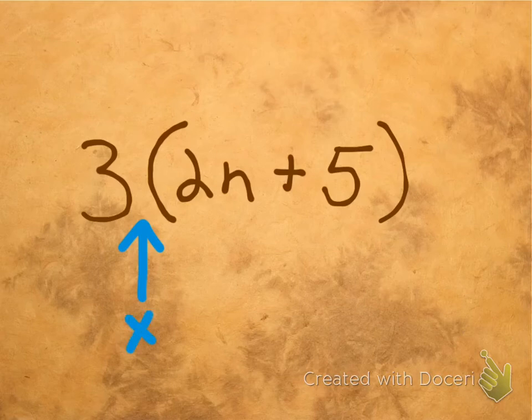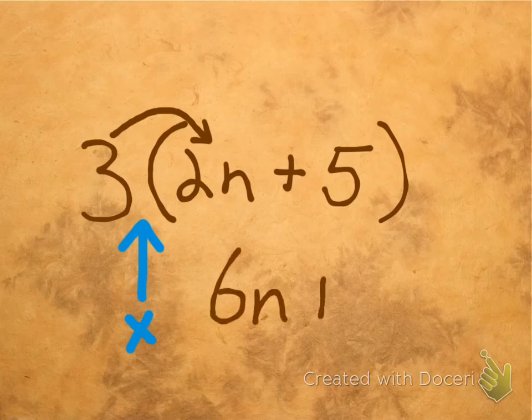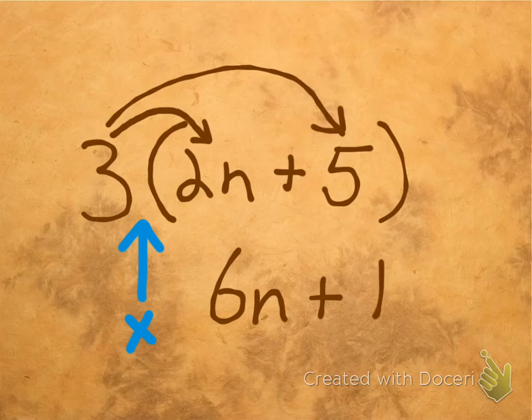The fact that it's right next to it with no sign means multiplication. So, the way you're going to get rid of this parentheses is by distributing this 3. You're still going to multiply, but you're going to multiply first 3 times 2n. What's 3 times 2? 6n. Plus 3 times 5. What is that? 15. We've distributed the 3 and we get rid of the parentheses.